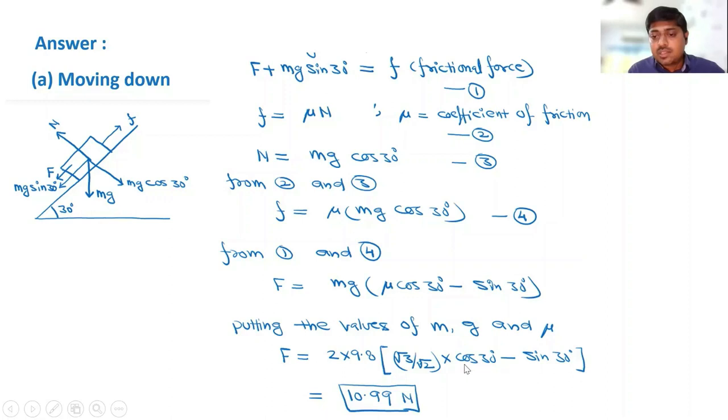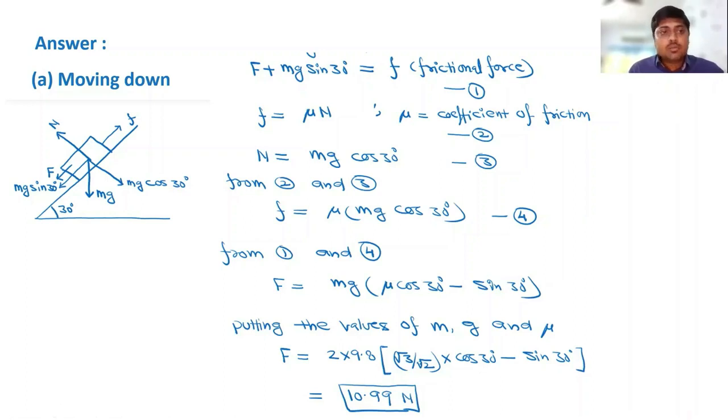And putting the values of sin 30 and cos 30 in this relation, we get the final value as 10.99 Newton. So this is the value of the force that we apply to this body so that it can move in the downward direction. And this is our answer of this part of the problem.